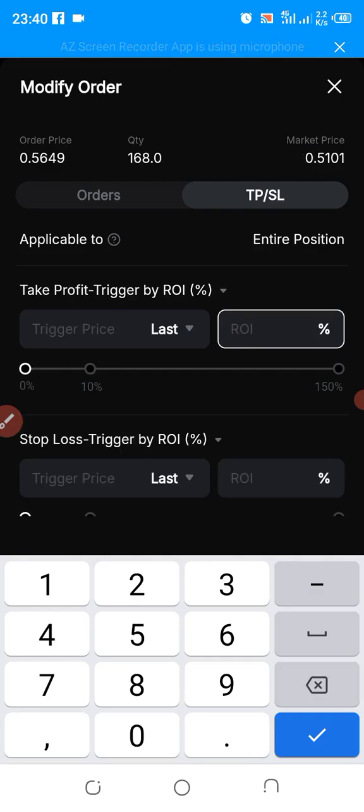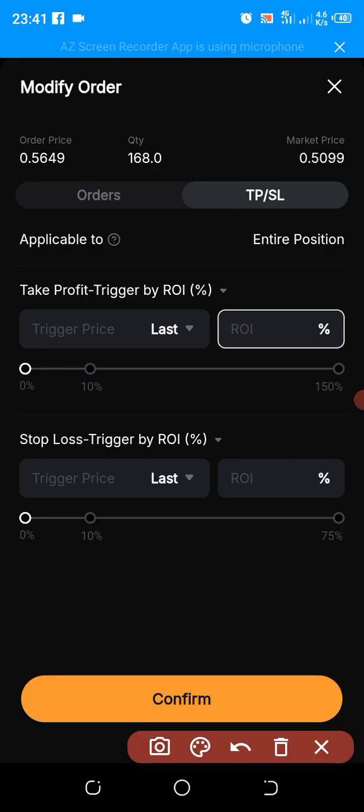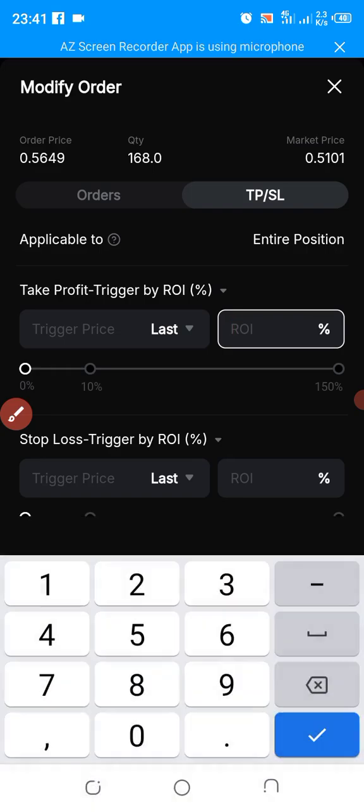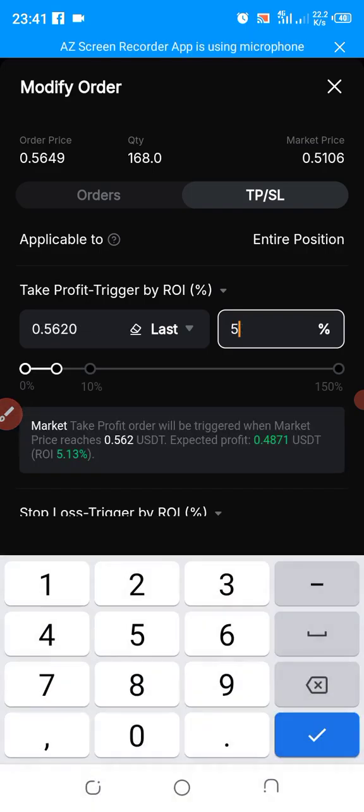It depends on the price you enter. Like my own, I entered at 0.56, and the market price is still at 0.51. You can see it's moving there gradually. If the trade triggers for me, what I did was enter 50%.